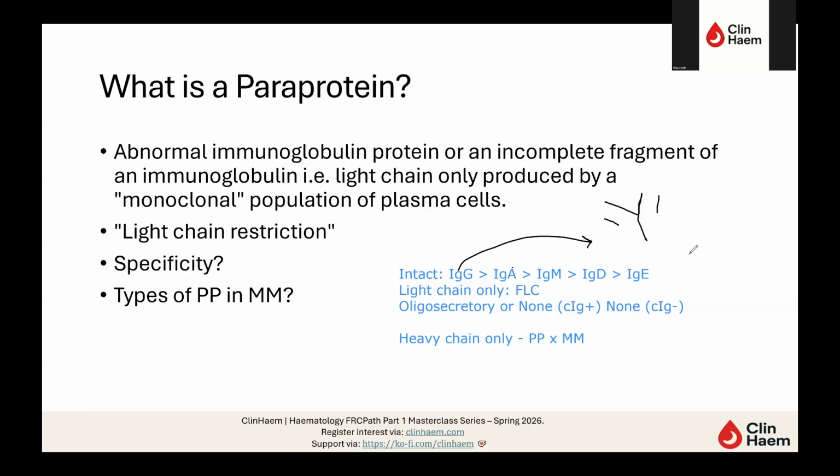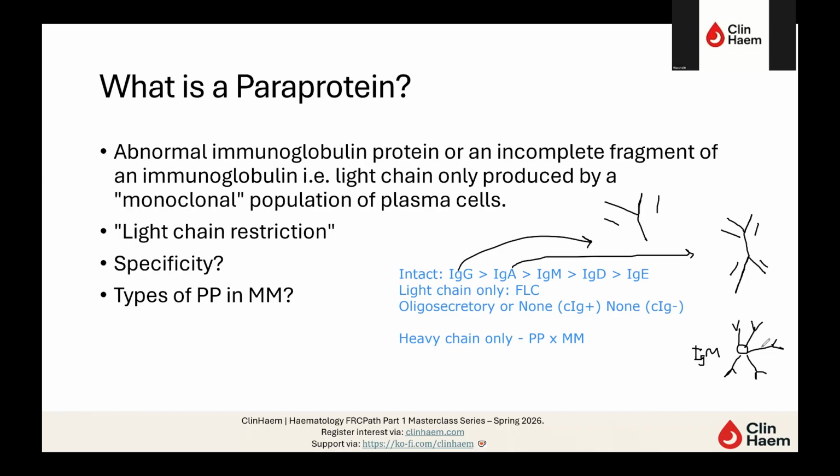IgA, as you know, this is not an accurate diagram, but it floats as a dimer, so IgA is bigger than IgG. IgM, as you know, is a group of five. That's not very symmetrical, but you get the point. So IgM floats as a pentamer, and IgM is the biggest.